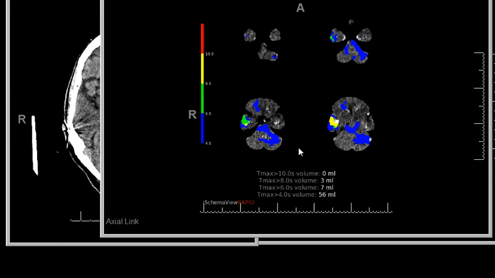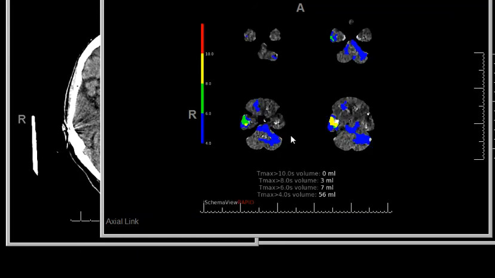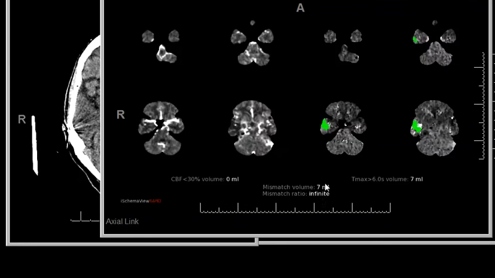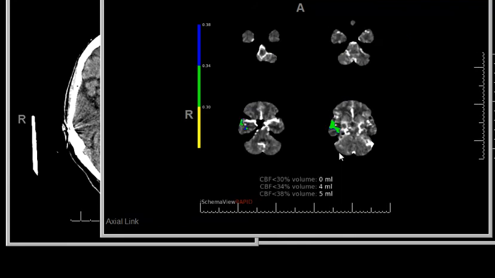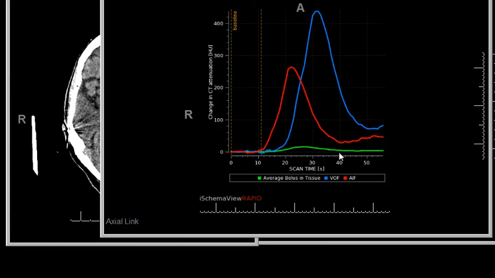So it's not reliable in the core measurement for CBF if you can see the hypodensity on CT already. So the volume to be rescued is not much. So there was no intervention performed. Data quality is good.